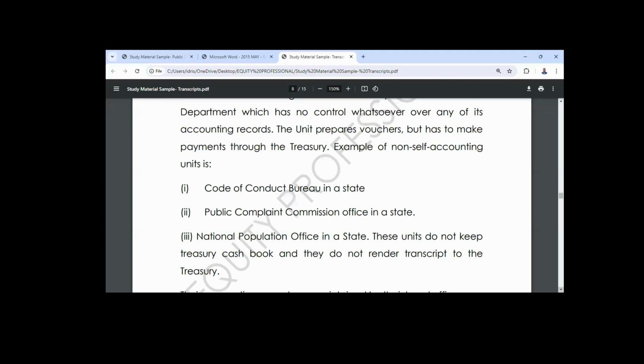They have the Code of Conduct Bureau, and they will have offices in every state of the federation.